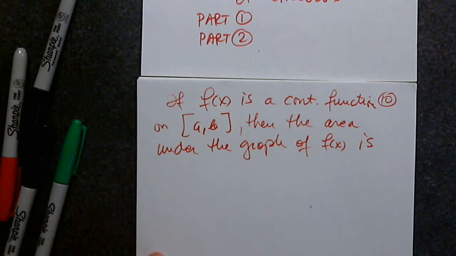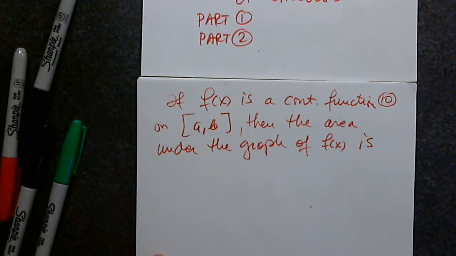Correct. It is the limit of the Riemann sum, from i equals 1 through n of delta x times f of x sub i, on the interval a comma b.